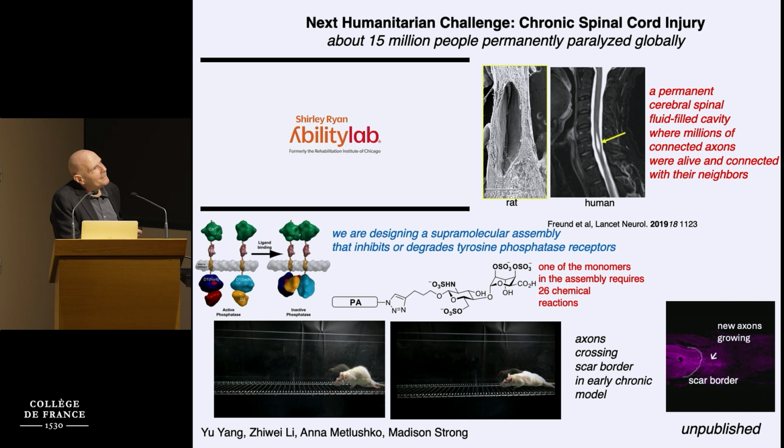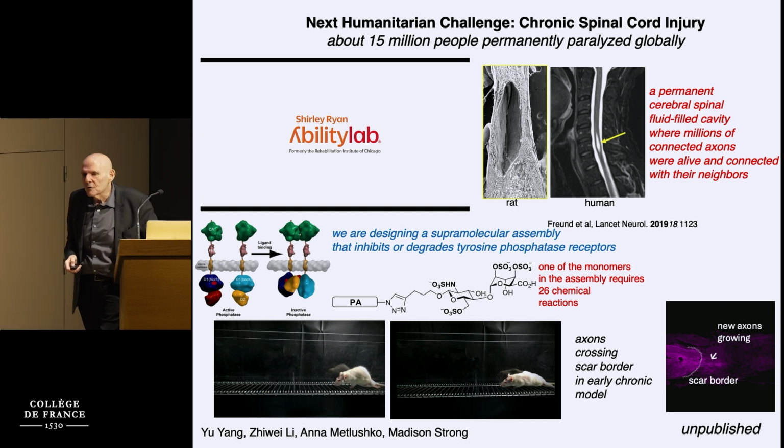This is in the rat, but the same thing happens in the human. So to solve this problem is much more challenging. We have new signals that we're working with, new molecules. One of the many molecules we have, this one is like a drug from the pharmaceutical industry.